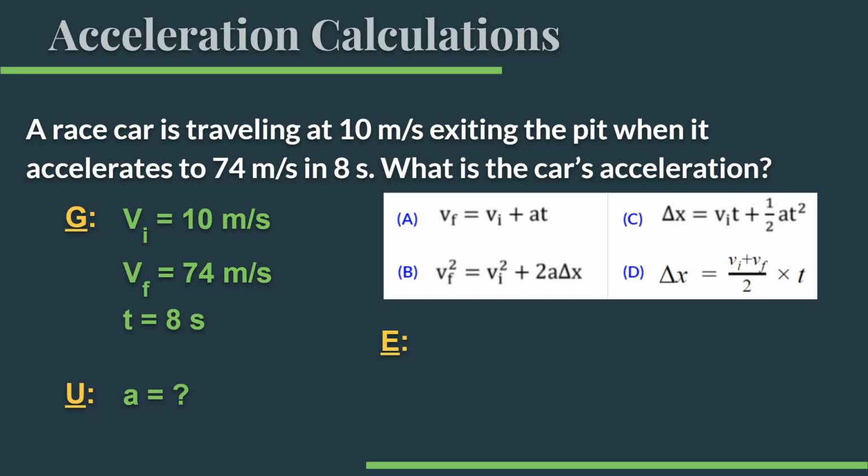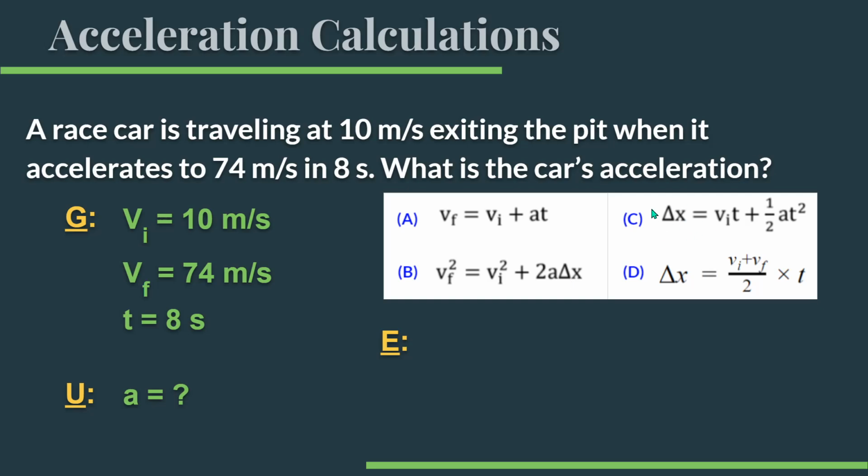Okay, the next step, E in my GUESS method, is to choose the appropriate equation. Looking at the information I have and what I need to find, I have VI, VF, T, and A. If I look at equations A, B, C, and D, the only one that has all 4 of these things in it is equation A. For example, I couldn't use equation B because I don't know delta X. I can't use equation C for the same reason.